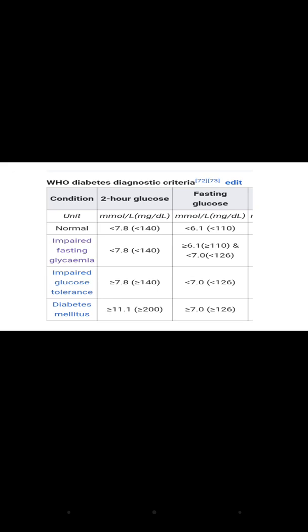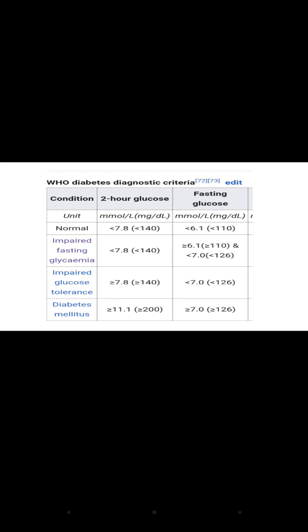For the 2-hour glucose, if it is less than 7.8, that is less than 140 milligram per deciliter, it is impaired fasting glycemia. Then impaired glucose tolerance is if the 2-hour glucose is more than or equal to 7.8, that is more than or equal to 140 milligram per deciliter, and the fasting glucose is less than 7 or less than 126 milligram per deciliter.